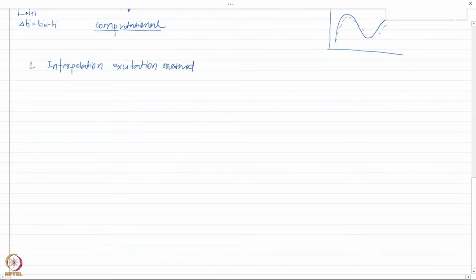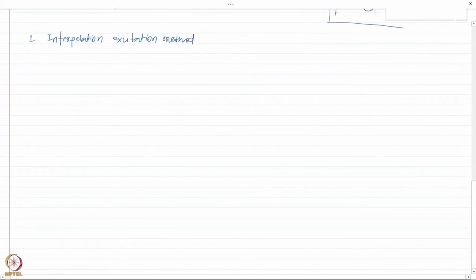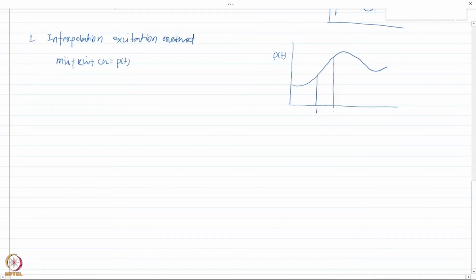Now, in the interpolation of excitation method, as the name suggests, if I have the system like this here, what I do is take the function ft or pt, and let us say this is the time variation and this is time t equal to ti. Let us say this is state i and this is state i plus 1. I draw a straight line between the two states. Let us say this is pi and this is pi plus 1.